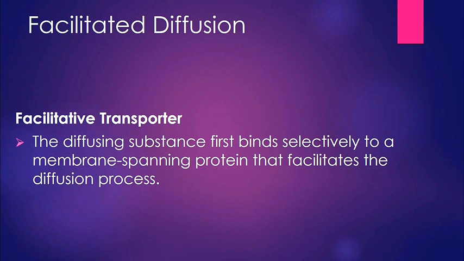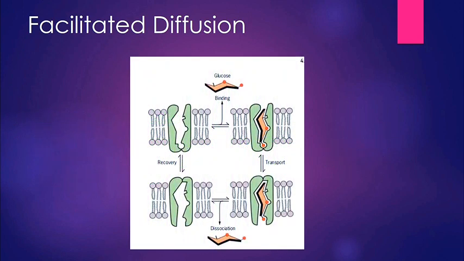The binding of the solute to the facilitative transporter on one side of the membrane is thought to trigger a conformational change in the protein, exposing the solute to the other surface of the membrane from where it can diffuse down its concentration gradient. An example of this mechanism is illustrated in this figure.